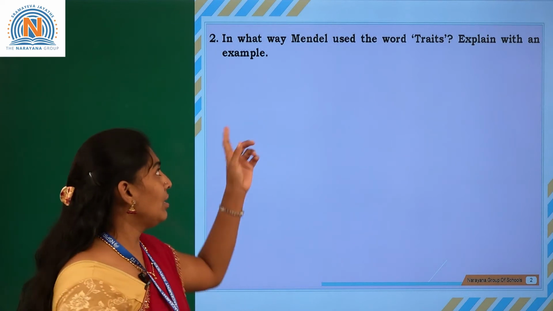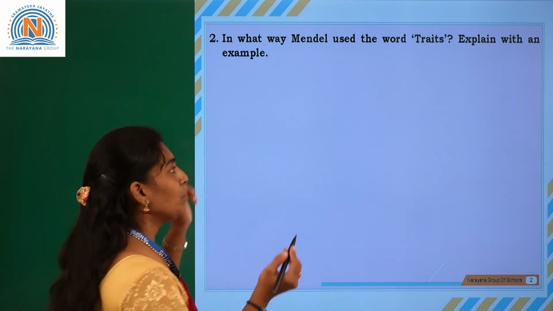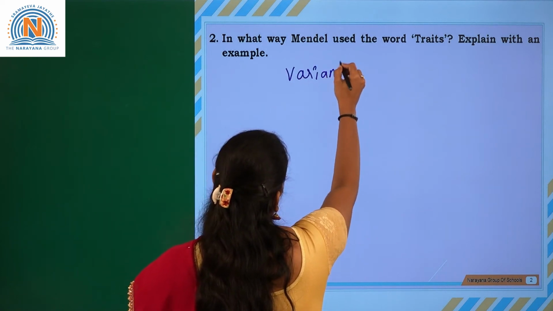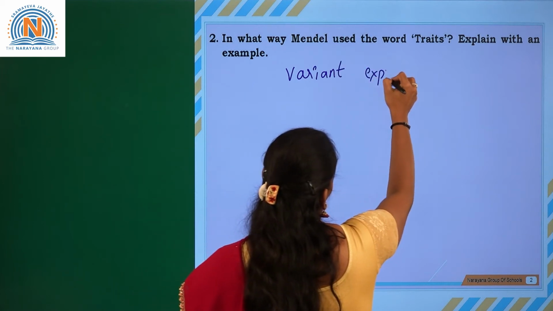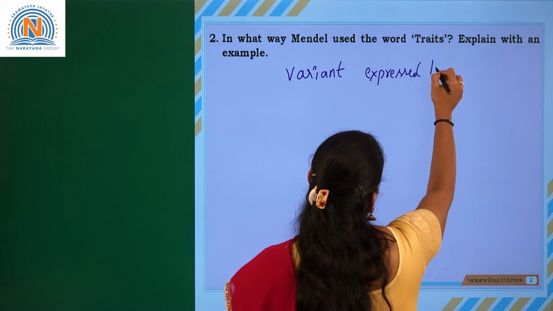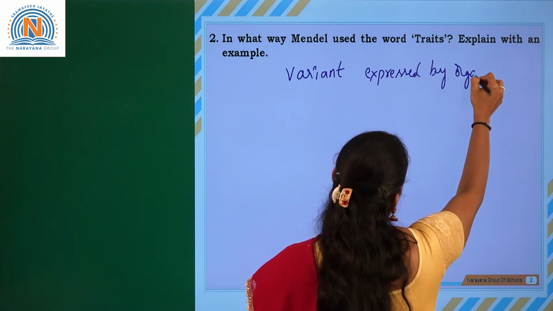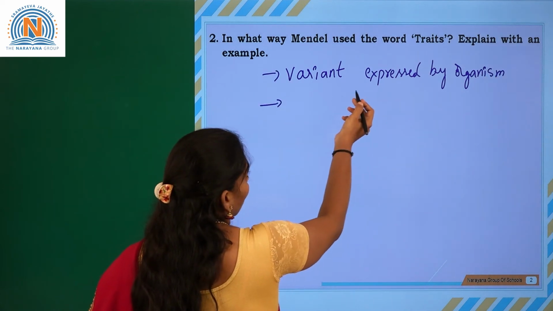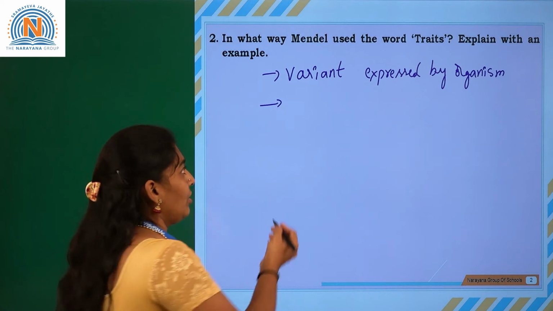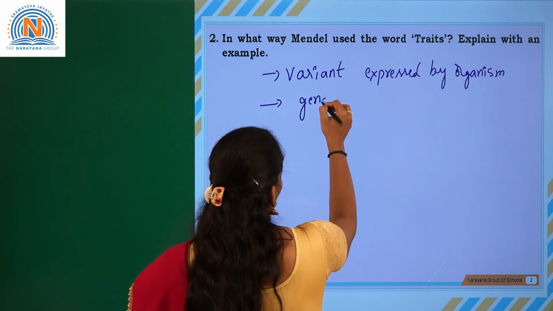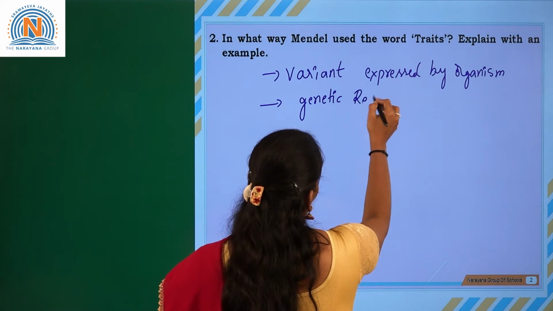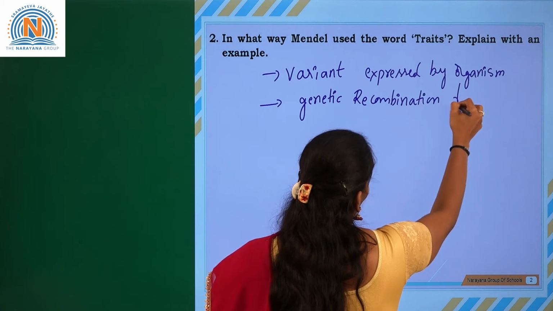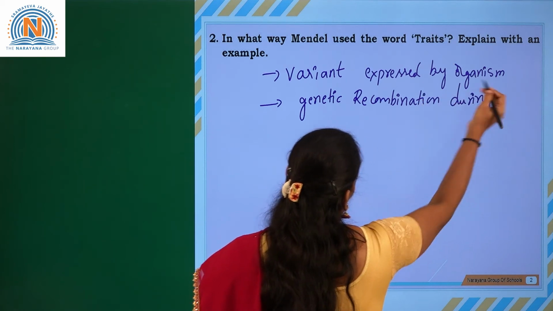So this is what we will write as the answer. The trait, simply, is a variant expressed by an organism. These variations come from genetic recombination during reproduction.